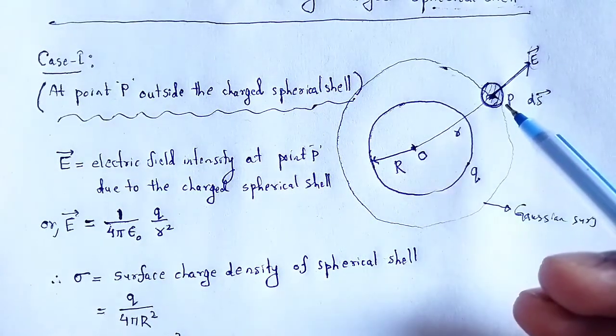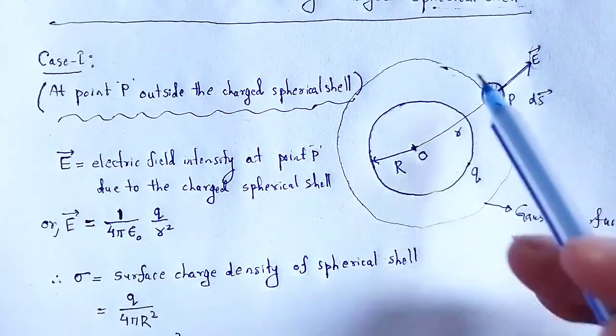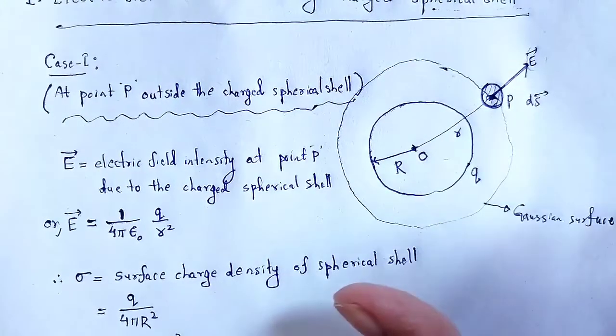Now we calculate the total flux passing through the Gaussian surface according to Gauss law.